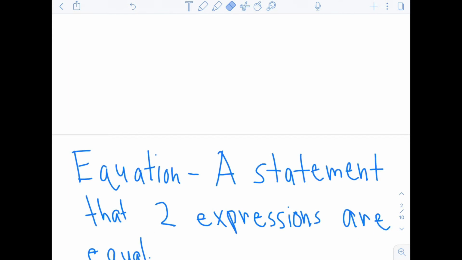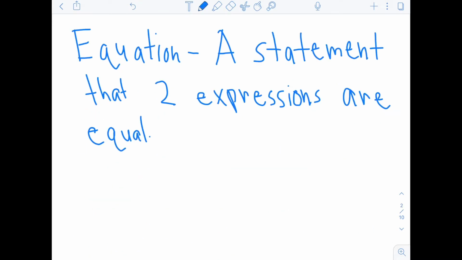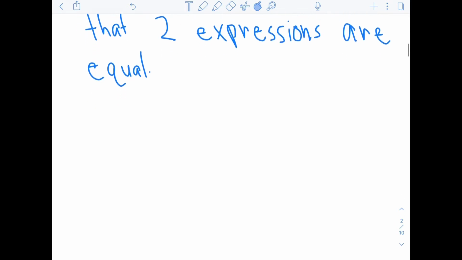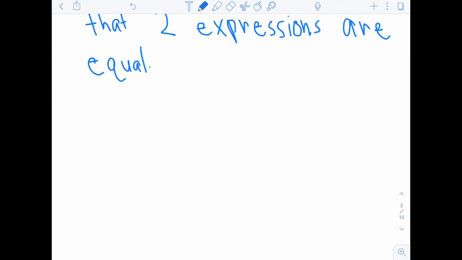So for the past couple of videos, I've been talking about expressions and writing them and simplifying them, but now we're going to talk about equations. An equation is a statement that two expressions are equal. And you might be wondering, what's the difference between an expression and an equation? An expression would be something like 2x plus 1.